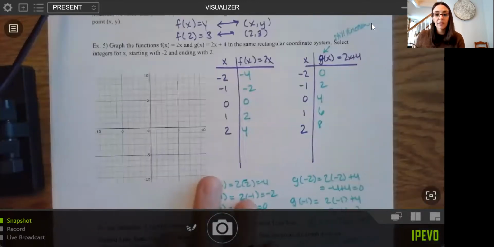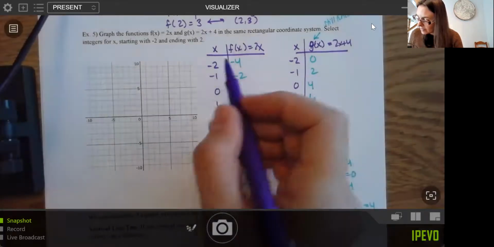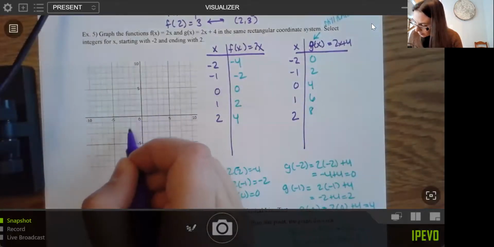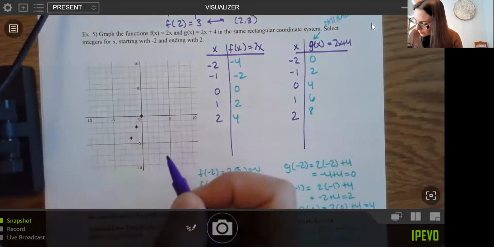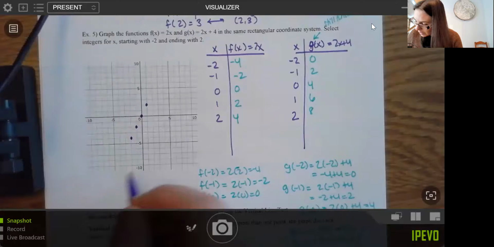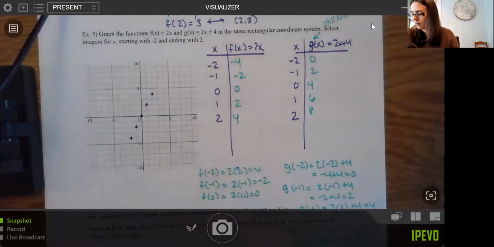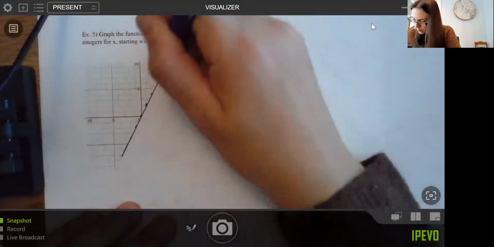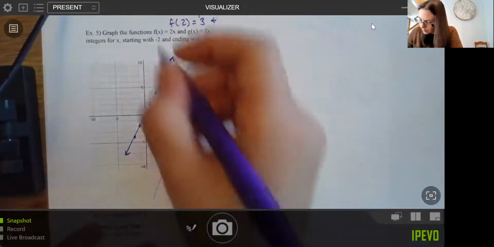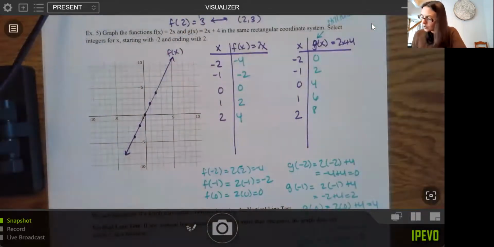And then we can graph those the same way. So for our first example, we have -2, -4, -1, -2, 0, 0, 1, 2, and 2, 4. And I'm just going to label that f of x. And I will do g of x.